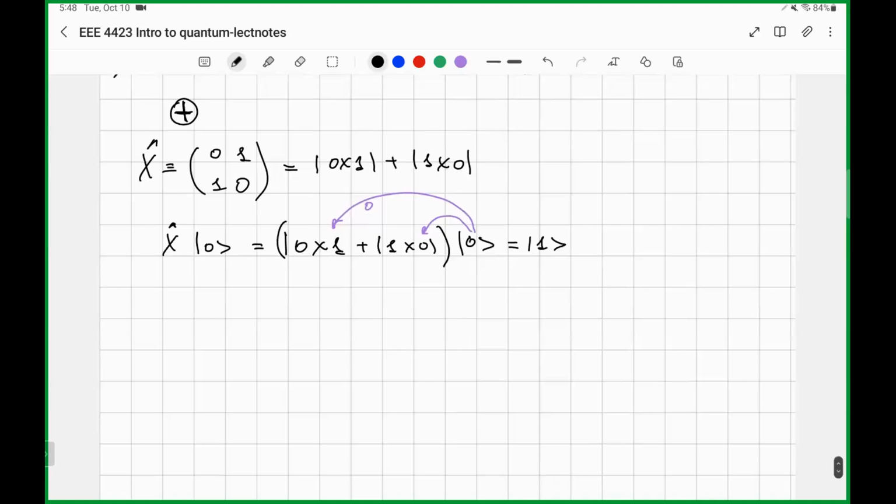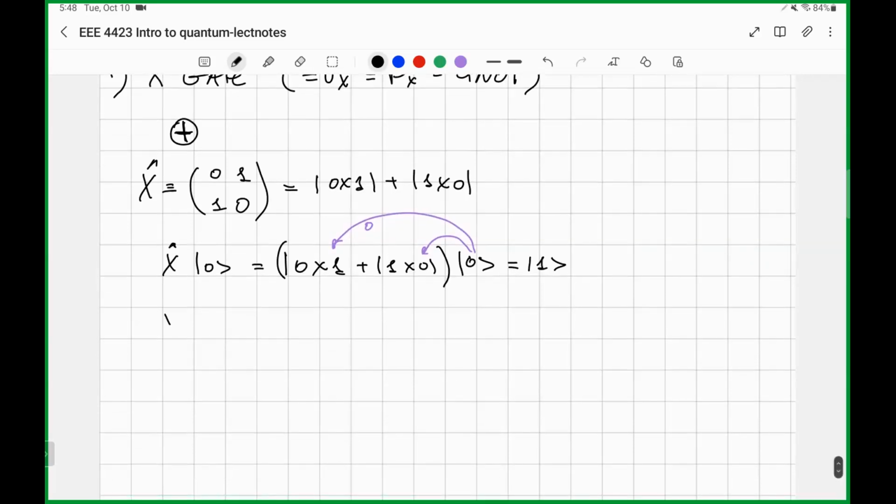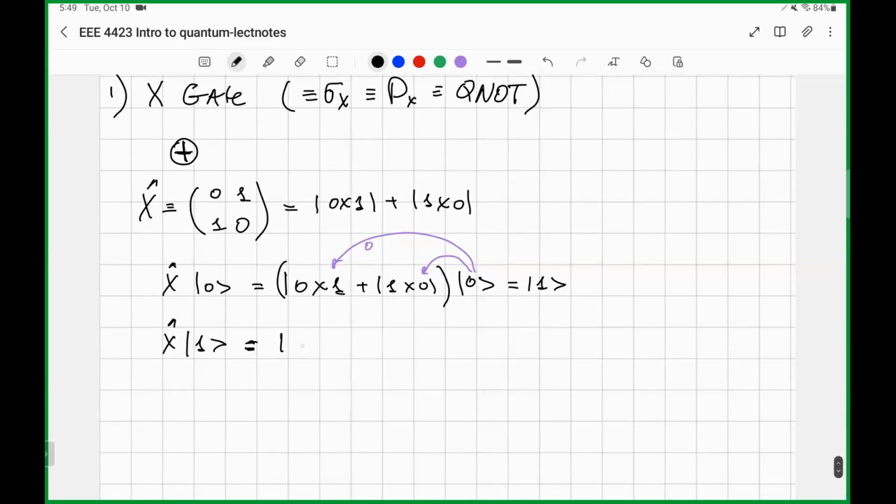When this gate acts on the state 0, it basically flips it from 0 to 1. And the same for the state 1: if I take state 1 and act the X gate, it flips it to the state 0.